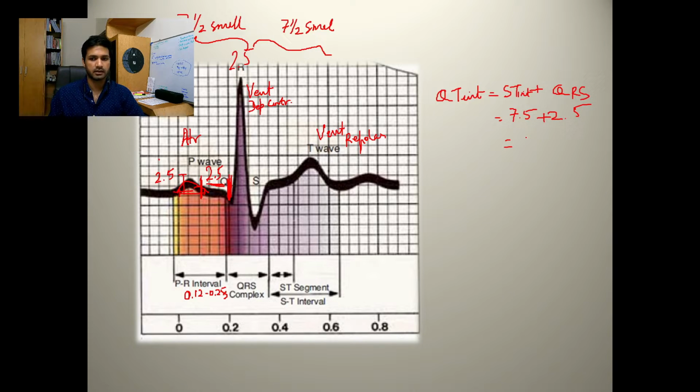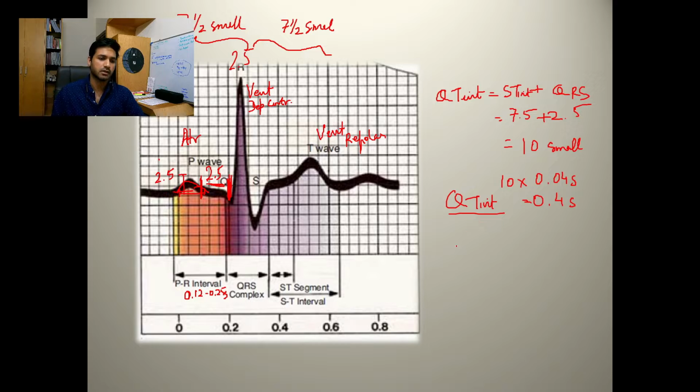So the entire thing is about 10 small boxes. Now one small box is 0.04 seconds. All right, so this 10 into 0.04 seconds gives you about 0.4 seconds. That's the normal length of the QT interval.